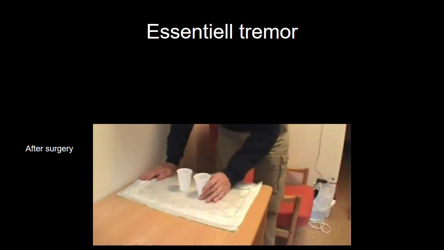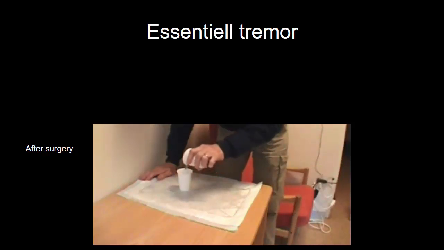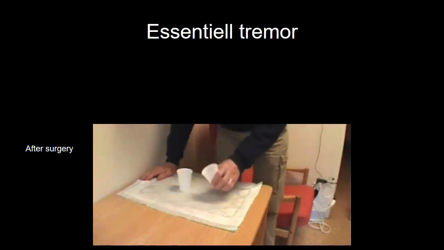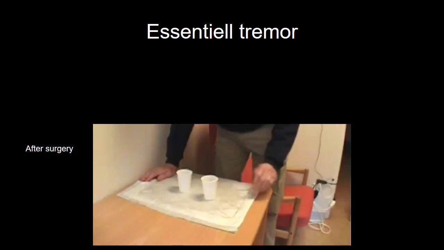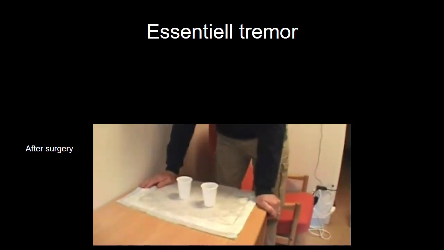We see that there is a considerable improvement of the tremor. The patient is very careful, and often it will take the patient quite a long time to start to trust the DBS. As they often say, it is difficult to learn not to have tremor.